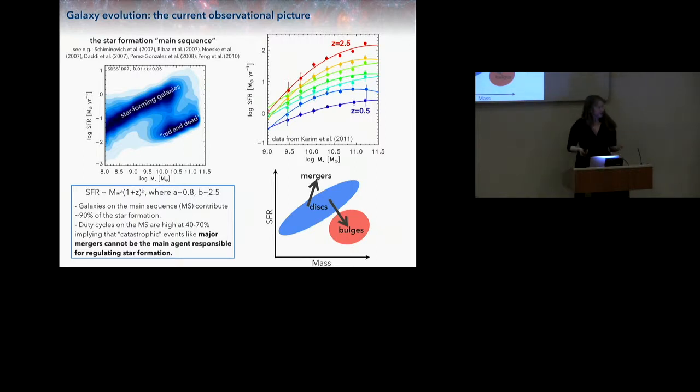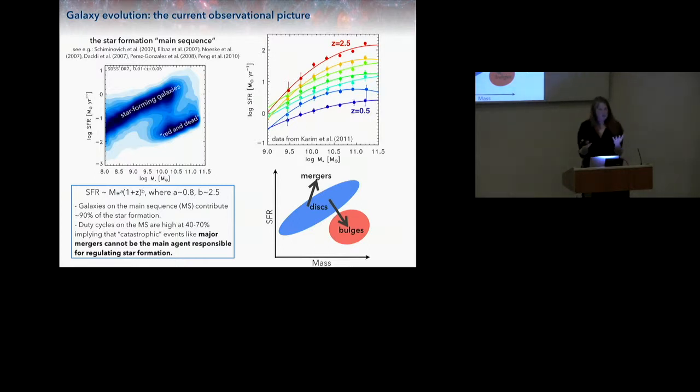Because we can do these observations up to a few billion years after the Big Bang, we can track this sequence of star-forming galaxies, not only in the local universe, but to higher and higher redshift. That gives us a relatively simple and, I have to say, satisfying picture for galaxy evolution because of the tightness of this relation and its observed evolution with time.